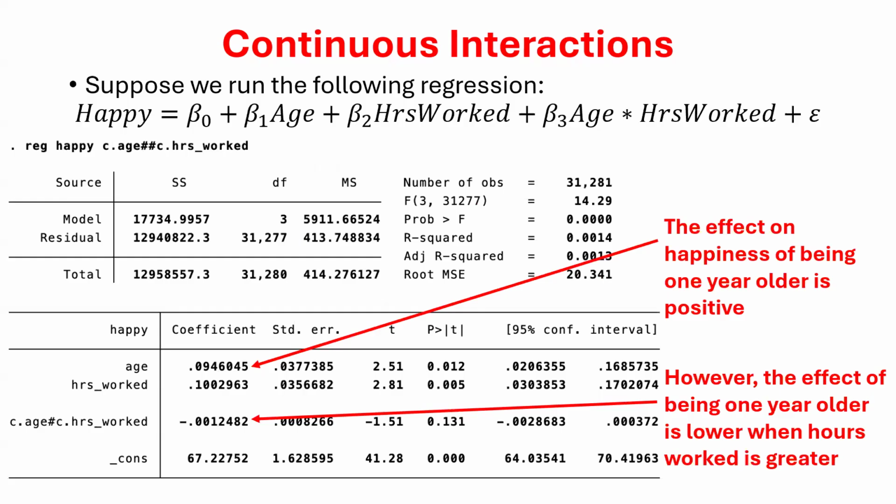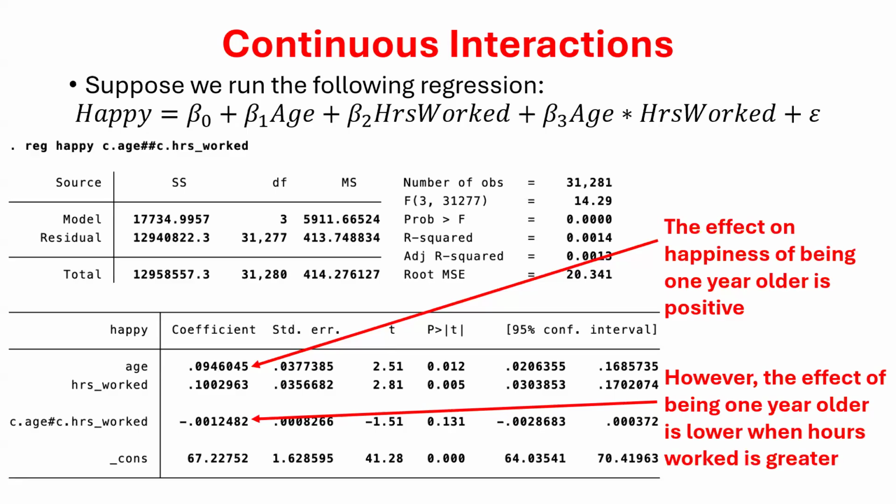This was negative 0.0012. So what I'm thinking about now is what is the marginal effect of age? Well, we said in general it was beta 1 plus beta 3 times the other variable, or 0.0946 minus 0.0012 times that hours worked variable.